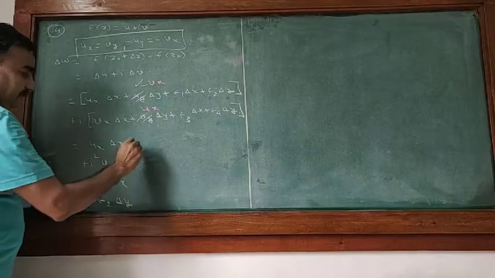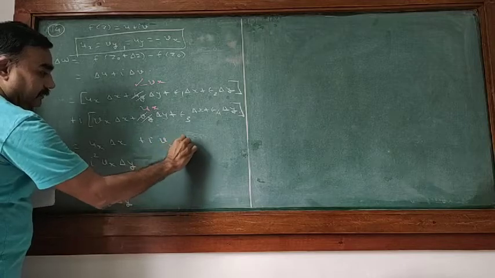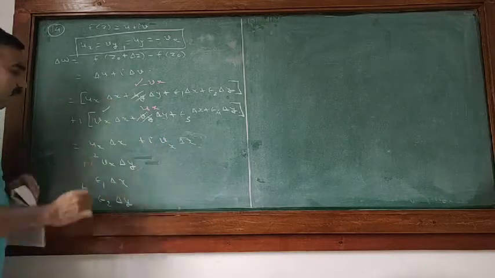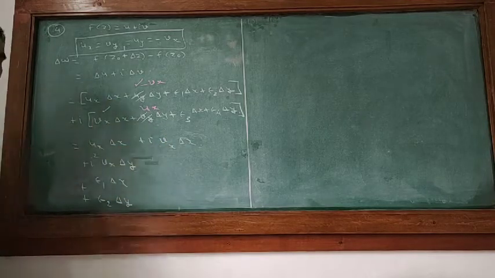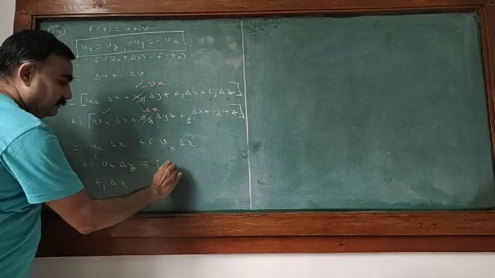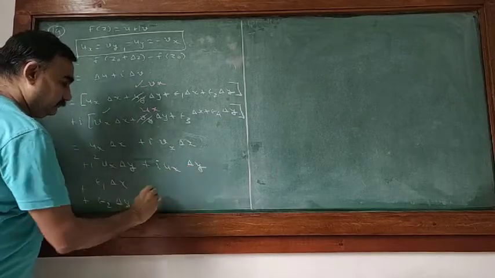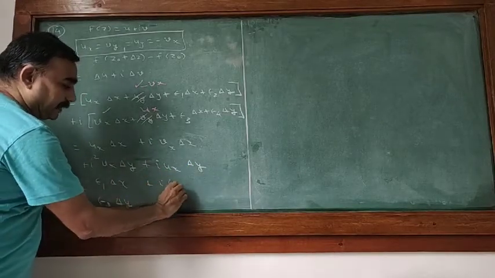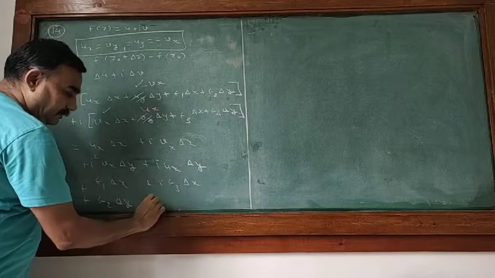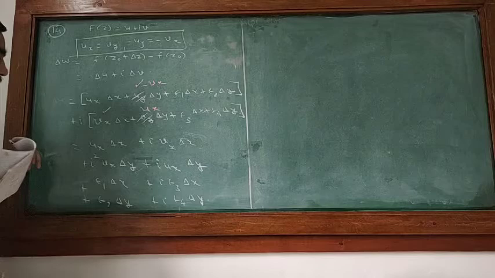Now i vx delta x, this term i is outside, I am taking it inside, plus i ux delta y plus i epsilon 3 delta x plus i epsilon 4 delta y. How do I write it?